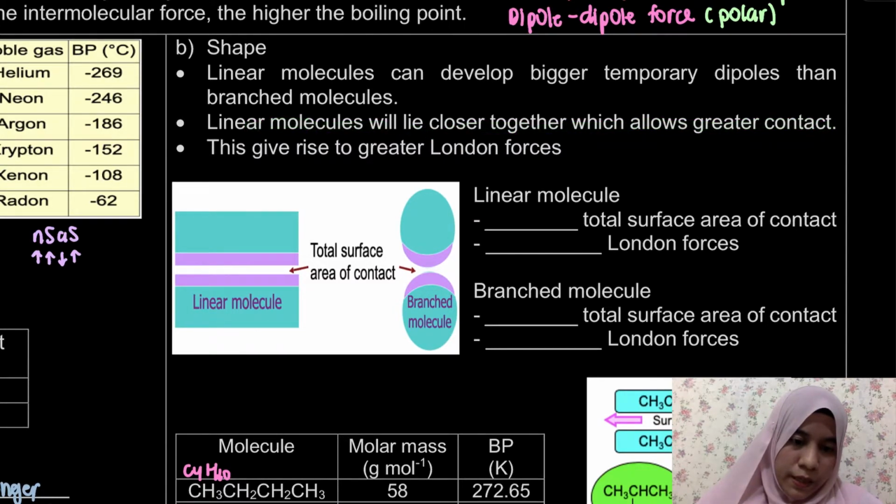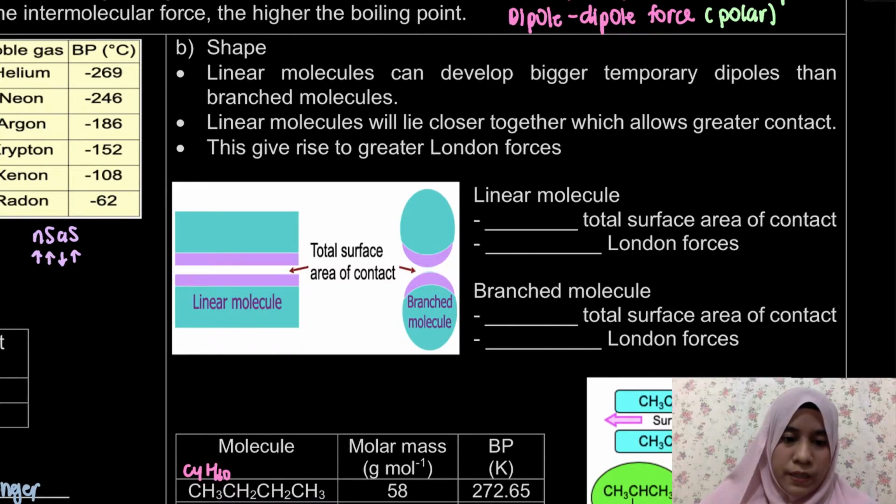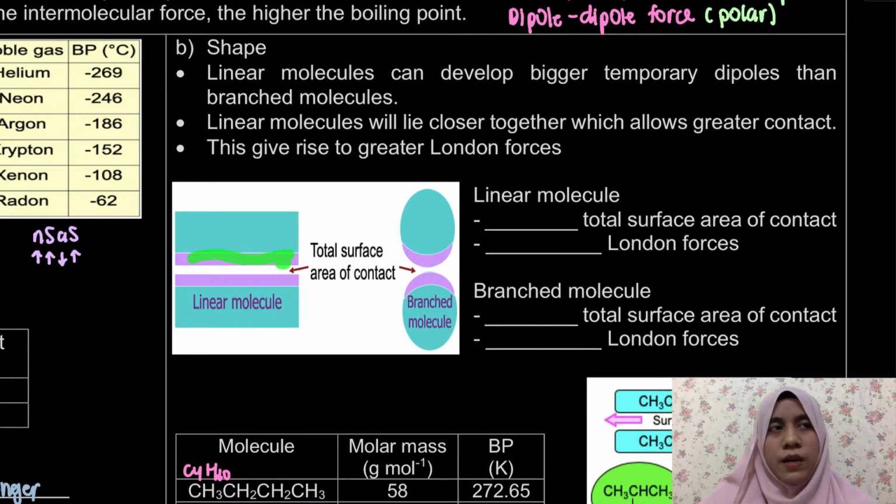So bila it's getting closer to each other, has a greater contact, so maknanya the attraction tu is very high. Sebab banyak kan, here greater surface area ni, greater contact tu, so it means that our attraction tu is high. So when the attraction is high, this will give rise to a greater London force.